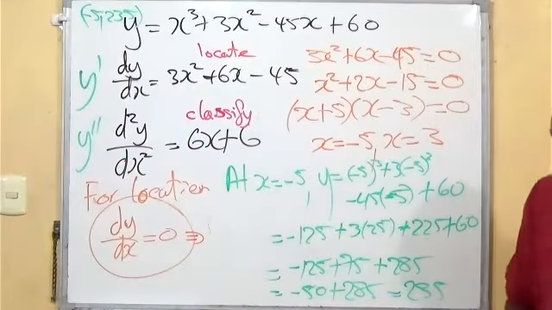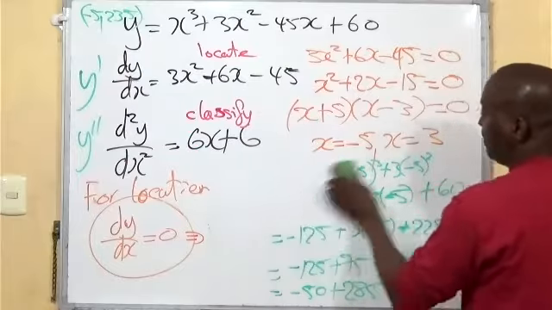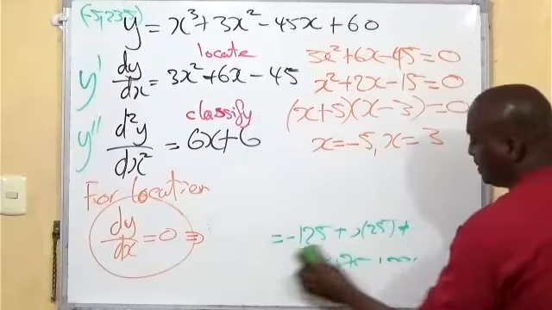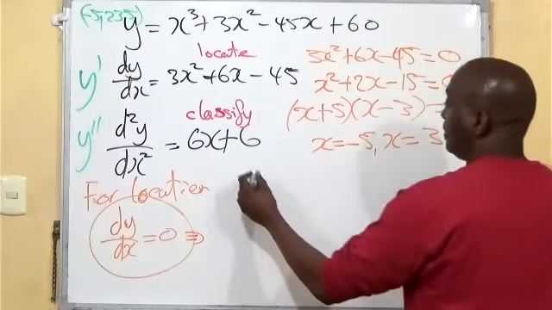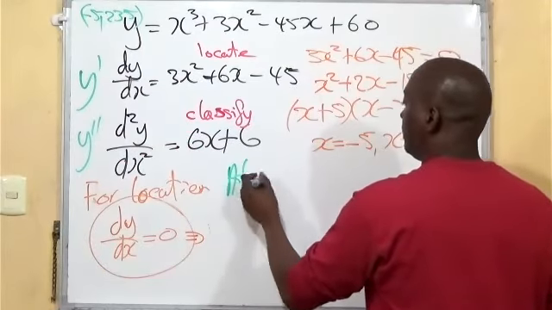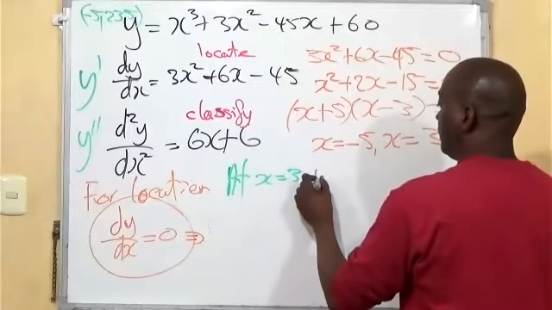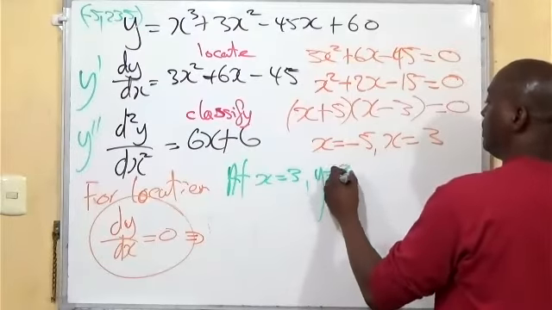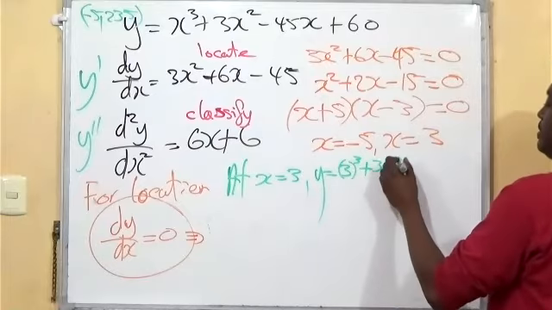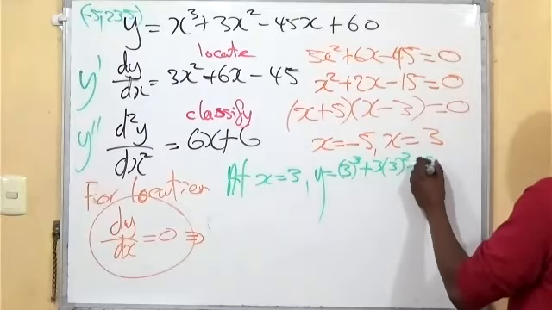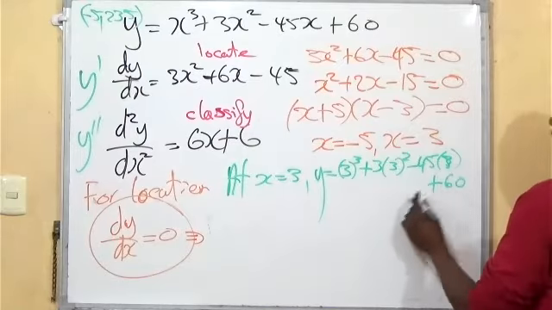And the next point is using x equal 3, right? So this is a smaller number and it's positive, so it should be a little more straightforward now. So at x equal 3, your y is equal to 3 cubed plus 3 by 3 squared minus 45 by 3 plus 60.